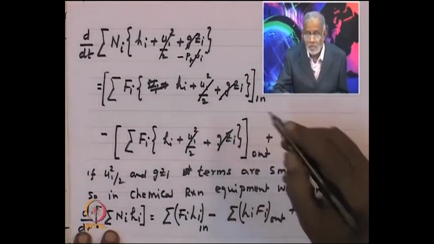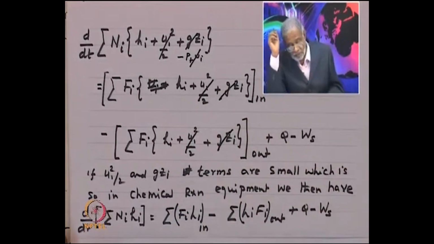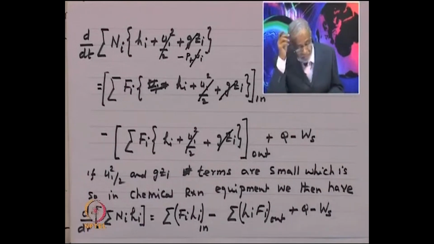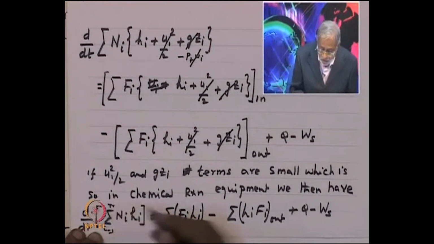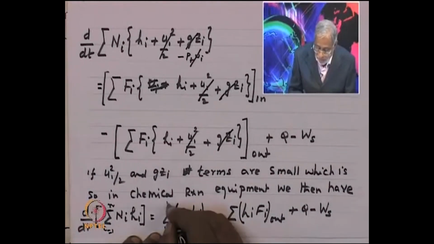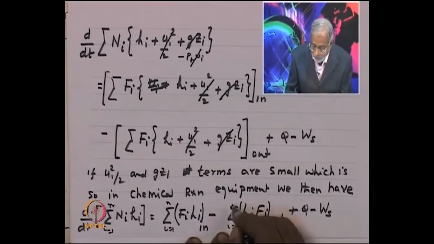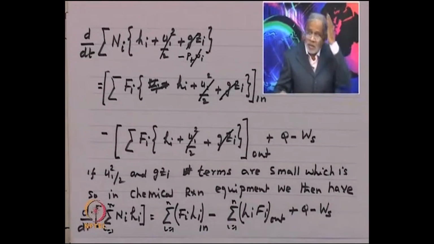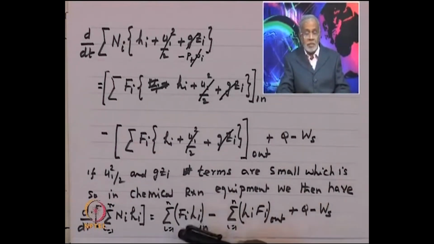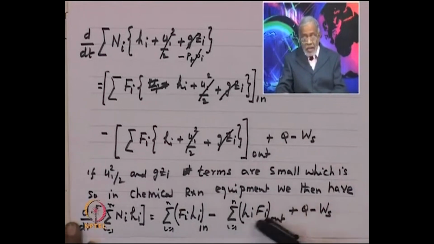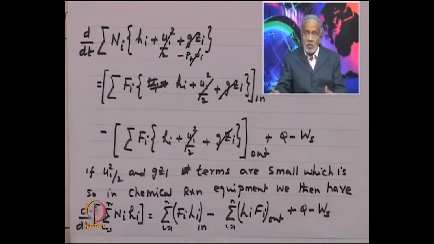So, the simplified form of the energy balance might look something like this: d by dt of Ni Hi summed over i equal to 1 to n. Our equations look like this: the left hand side is Ni Hi summed over all species, the right hand side is Fi Hi summed over all species coming in, minus Fi Hi summed over all species going out, plus q minus Ws.